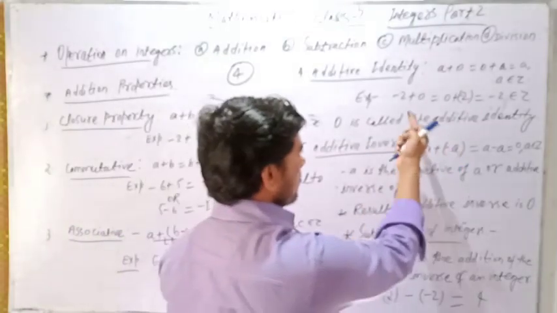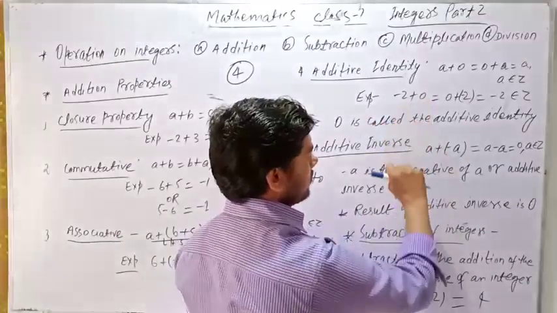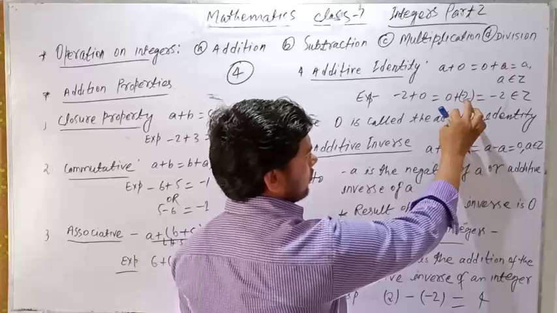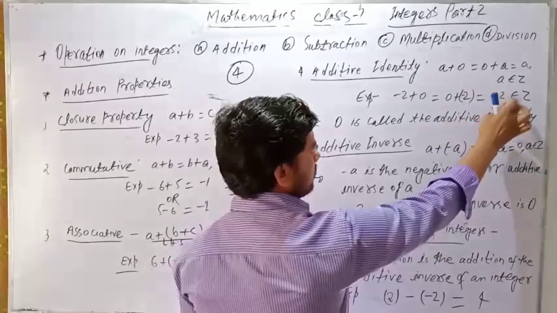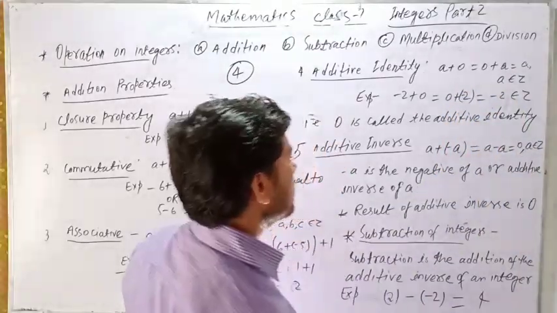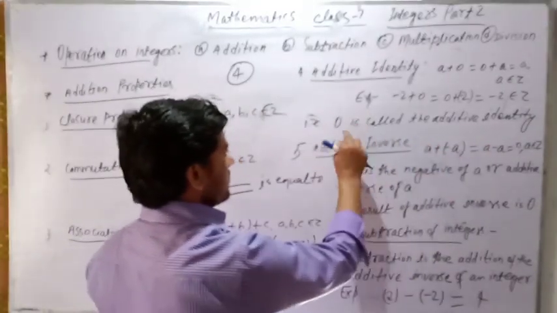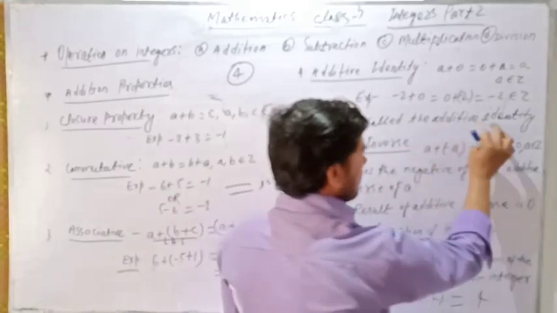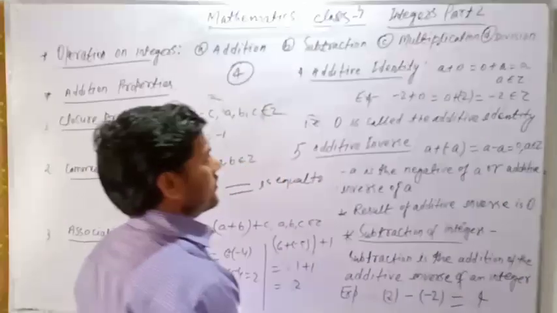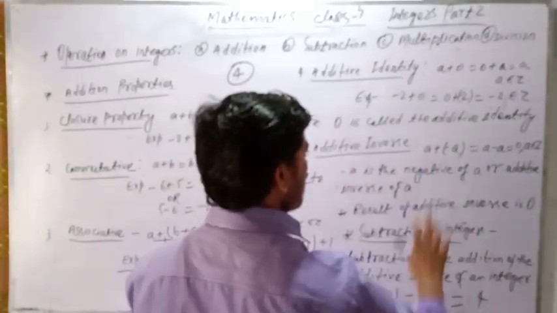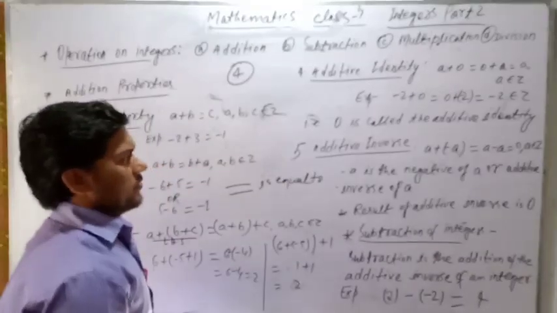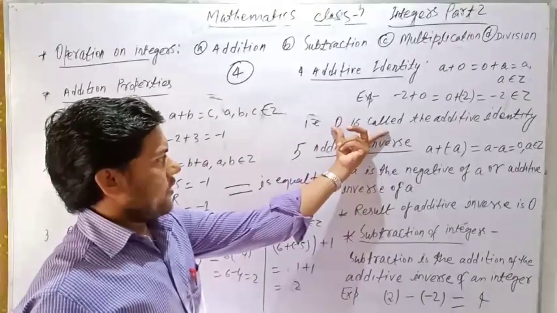As for example, minus 2 plus 0 is equal to 0 plus in bracket minus 2 is equal to minus 2 only. Minus 2 belongs to Z. That is, 0 is called the additive identity. Keep in mind.